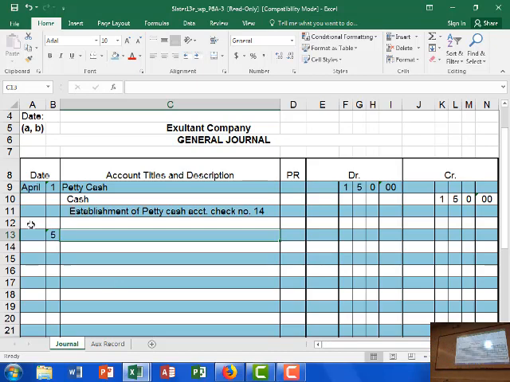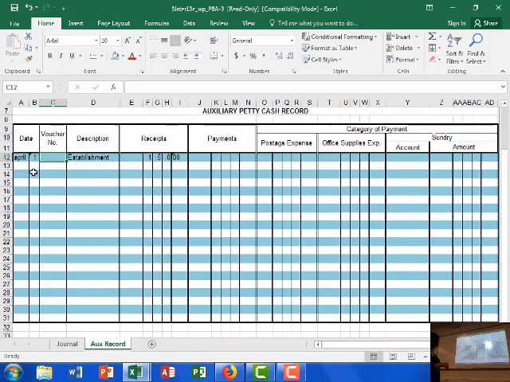You're going to go into your auxiliary record for petty cash, and you're going to put here on the 5th that you paid postage for $20. Voucher number 1. Okay. And you're going to have to put it under the payment section.